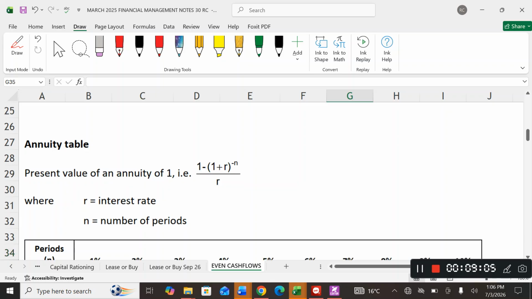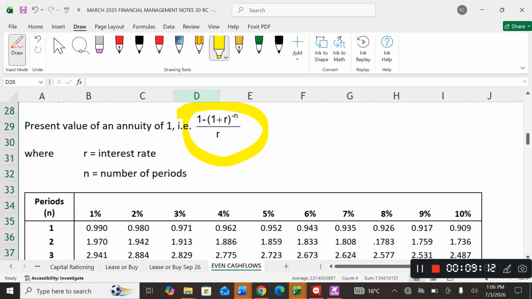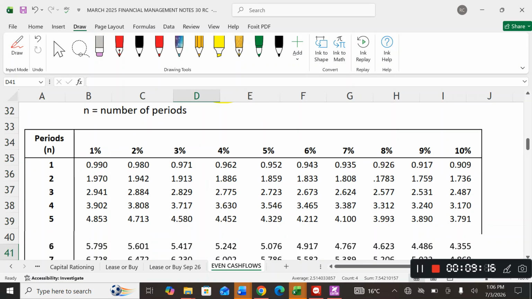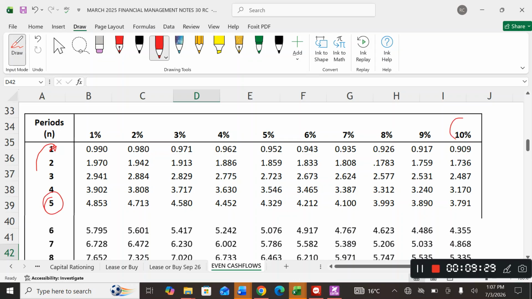So let us scroll down. Right here is the formula for calculating the annuity factor. You can see the formula here. But now I want to calculate the present value of 2000 receivable from year 1 to year 5. So I need year 1 to year 5. From there I need to go to period 5, where period 5 meets 10%.